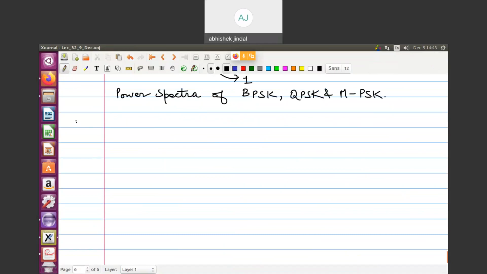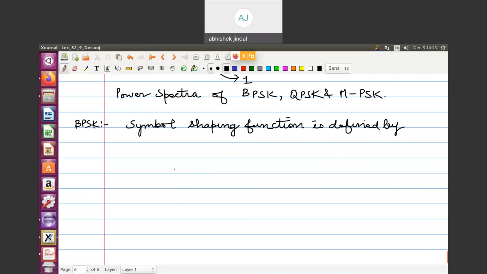Okay. So in BPSK, the symbol shaping function is defined by g of t is equal to root of twice E by TB, because now for the BPSK, T and TB are the same.